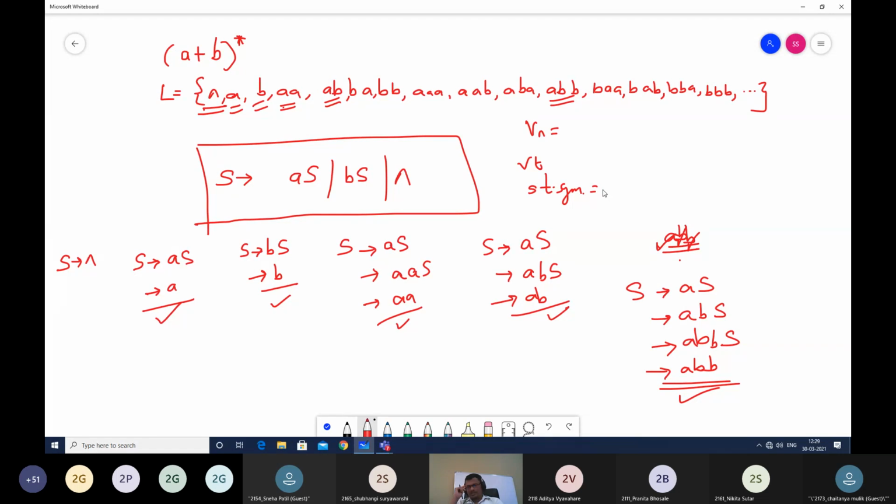Yes, what is VN? VN is a set of non-terminal symbols. Very good. Roll number 20, Nikita. What is VT? It is a set of terminal symbols. Okay. Roll number 51, Apurva.